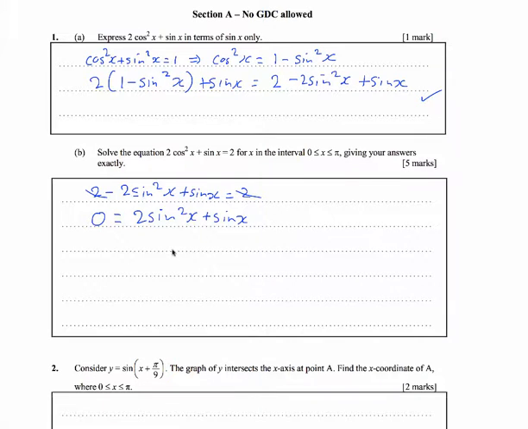It's worth 5 points, so let's have a look. I see a common factor: sine x times 2 sine x plus 1. So there are two solutions: sine x equals 0 and 2 sine x equals minus 1 over 2.